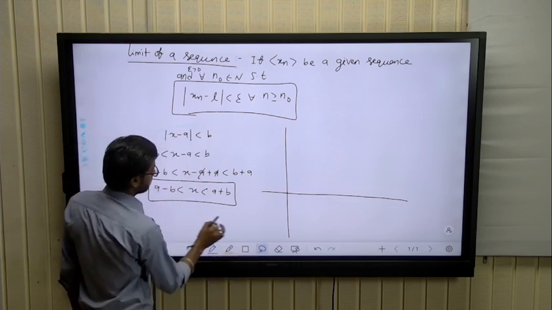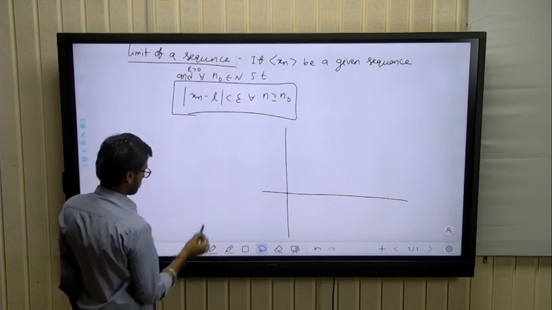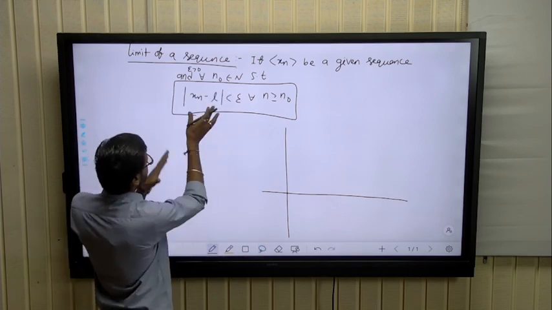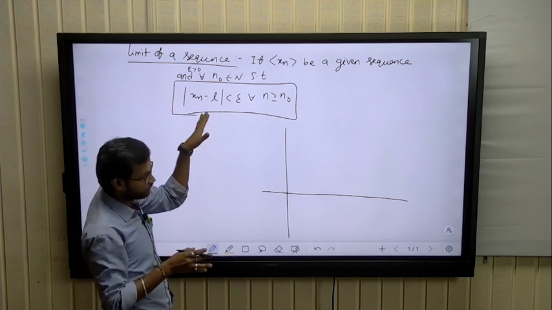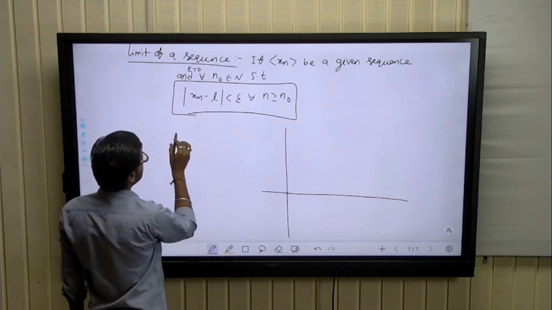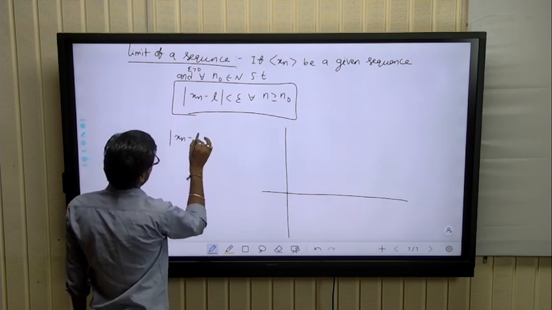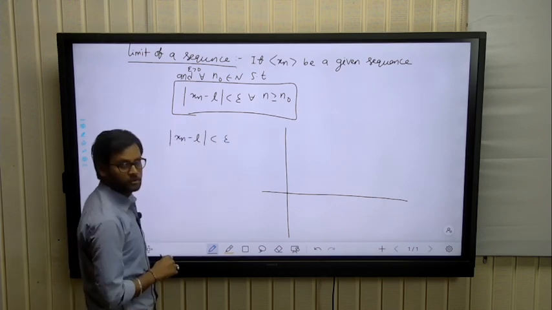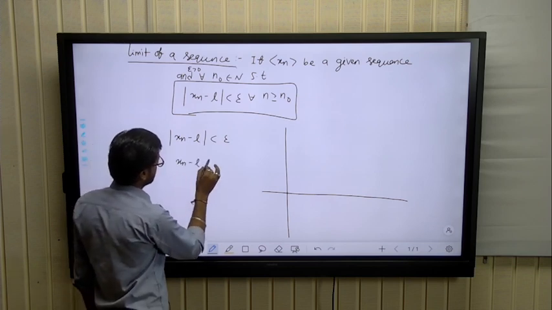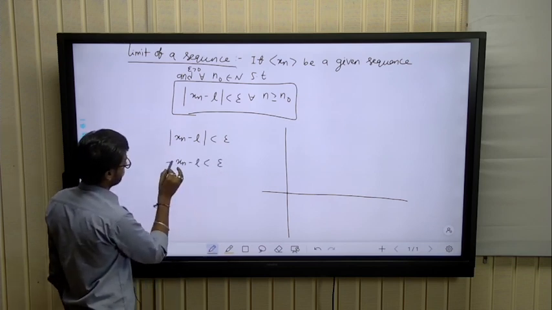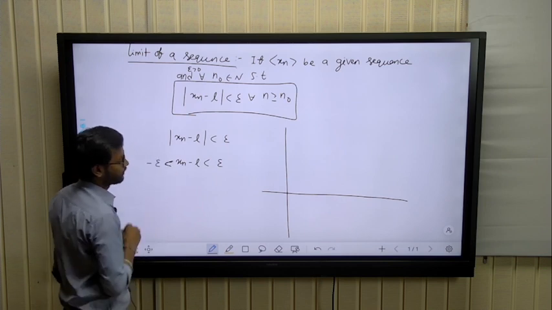Okay, so we rough this. See, if we apply the method of opening a mod function, then what is the behavior of this xn? Suppose |xn - L| < epsilon. If we open this mod, we know that it opens like this: -epsilon < xn - L < epsilon.